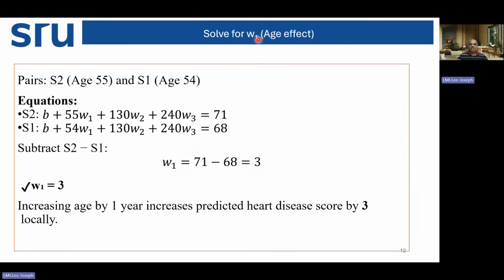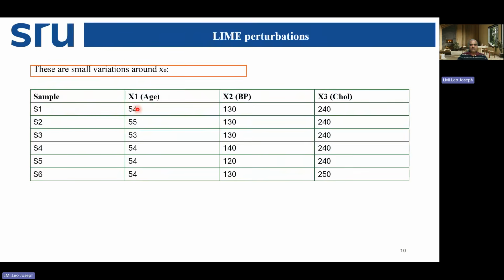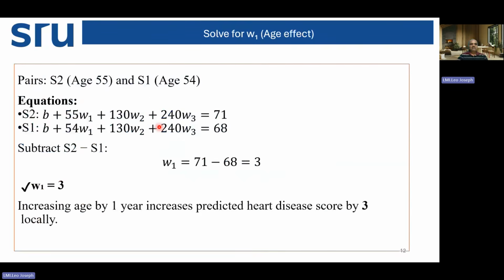First, I am taking age into consideration. The first parameter, age, is 55 for sample 2. The original data is 54. So here you can check: S1 is 54, S2 is 55. These two samples I am considering first for analysis.